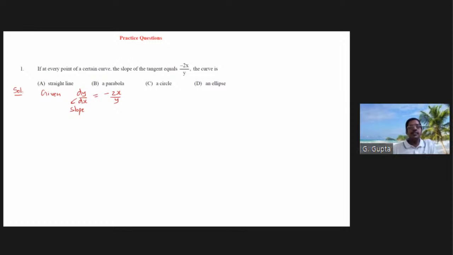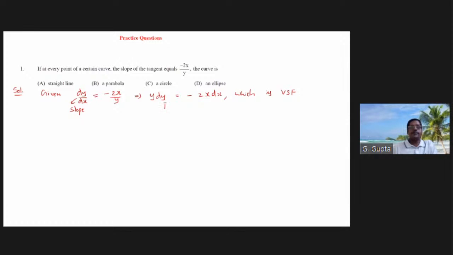This is a first order, first degree equation. So cross multiplying, you will get y dy is equal to minus 2x dx, which is variables separable form, that is VSF.